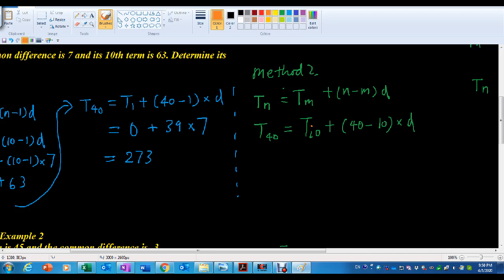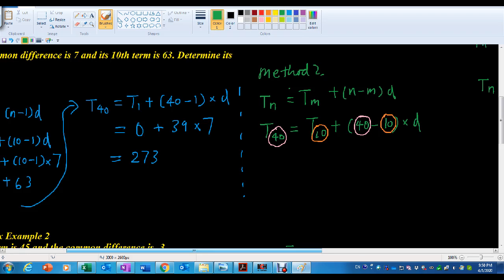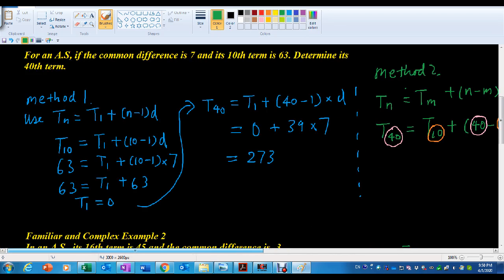Do you see the difference, right? Let me highlight it for you. Our next step: if that's the 40th term, what's the value of the 40th term?